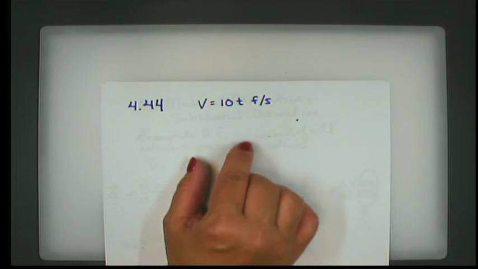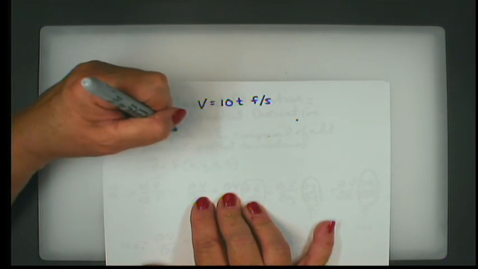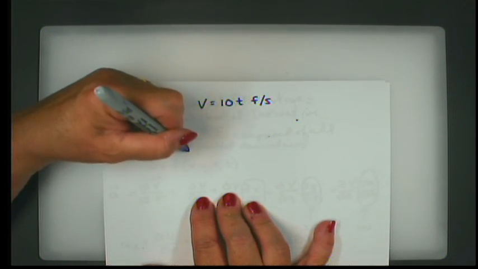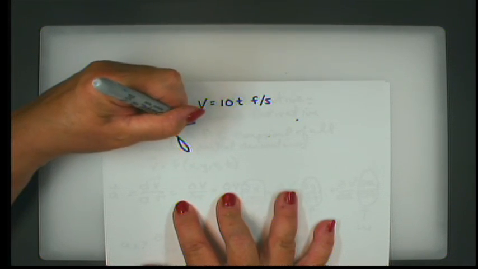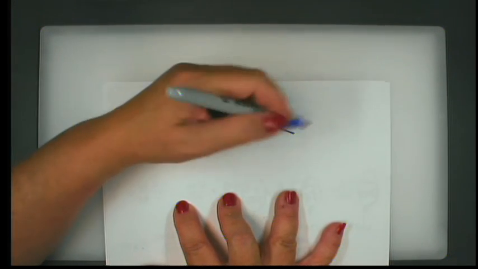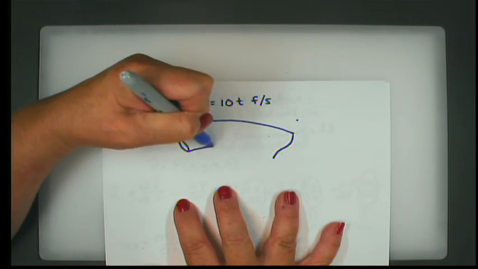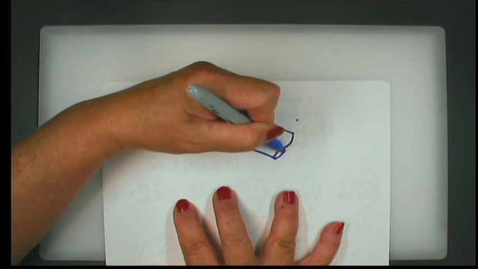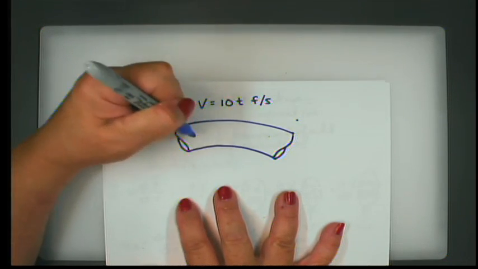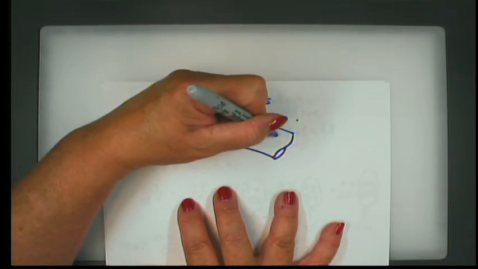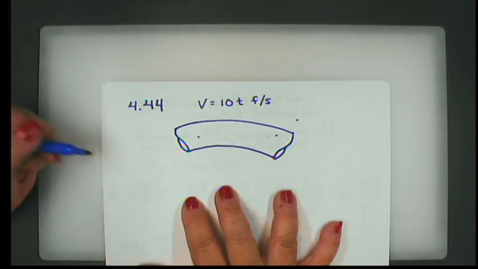So for the velocity of the water, I'll go ahead and draw the hose. We have this curved section like this. At a given time, when t equals 1, the velocity here and here are going to be the same.